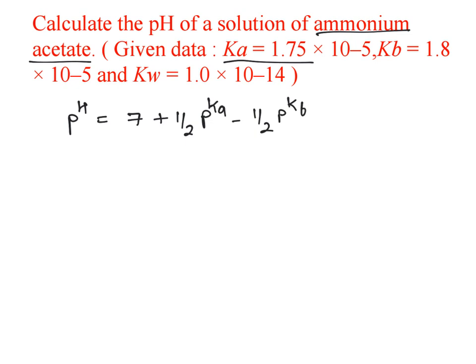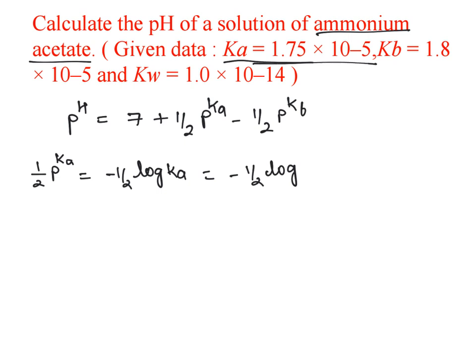Let's take first the pKa. 1 by 2 pKa equals minus 1 by 2 log of Ka. What is the Ka? 1.75 into 10 power minus 5.